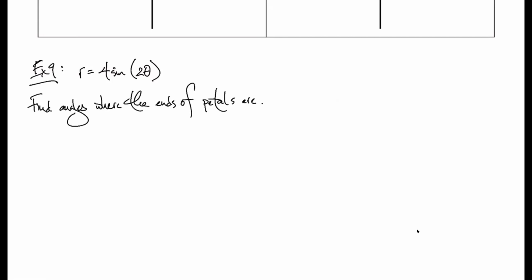In order to do that, you know that the longest that the petal can be is this number. And so what we're going to do is set up an equation where 4 equals 4 sine of 2 theta. Okay, the 4, because this 4 is the end of the petal. Does that make sense there?